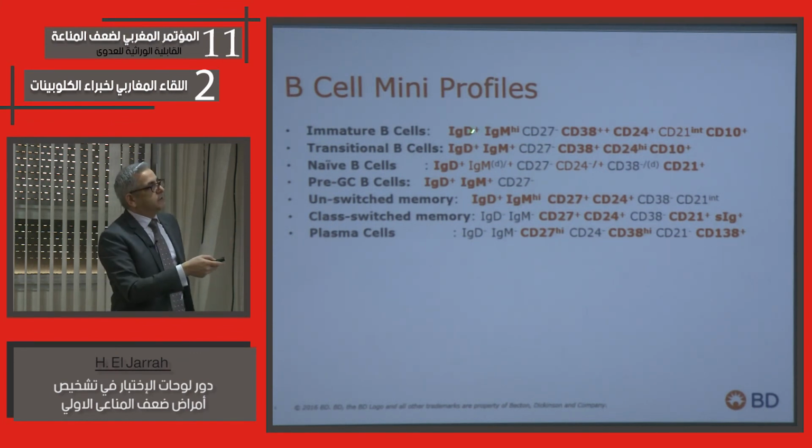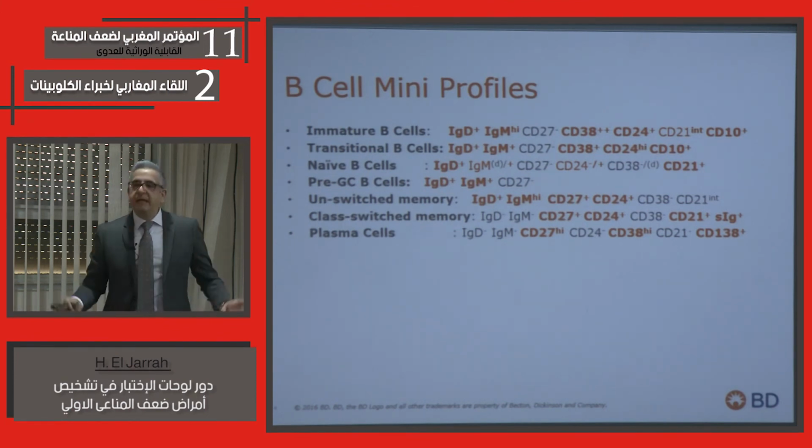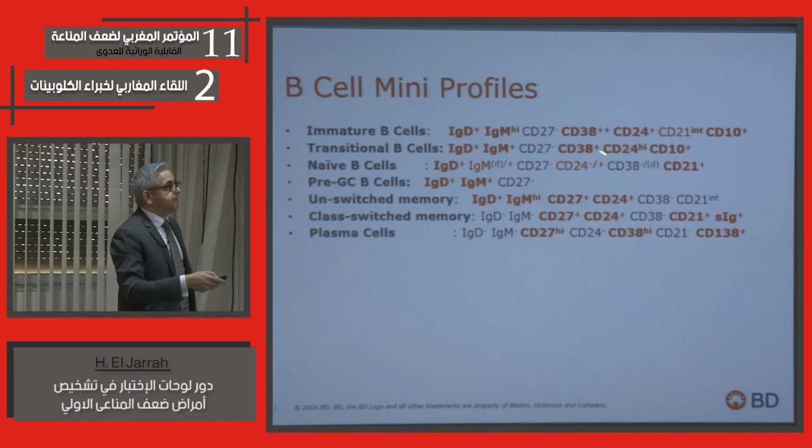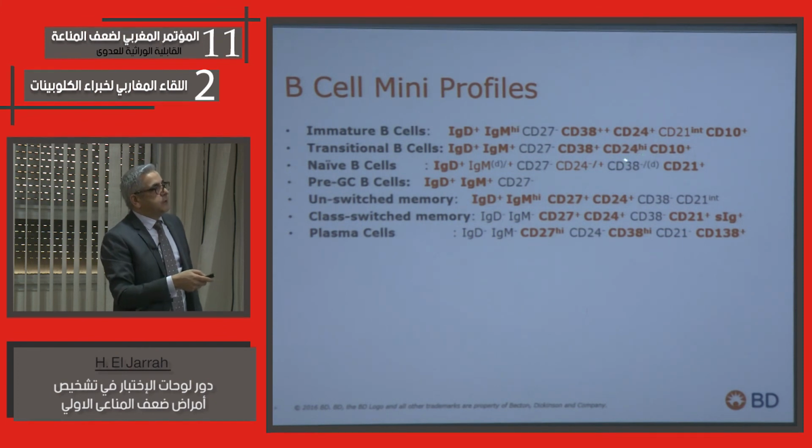So we have discussed IgD and IgM 27, but if you consider 38, 24, 21, and 10, that would be probably a more complete profile for immature B cells. Transitional B cells would downregulate 38 a little compared to immature ones. Even IgM is slightly downregulated compared to immature ones.